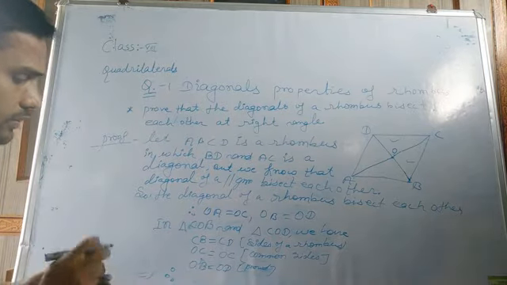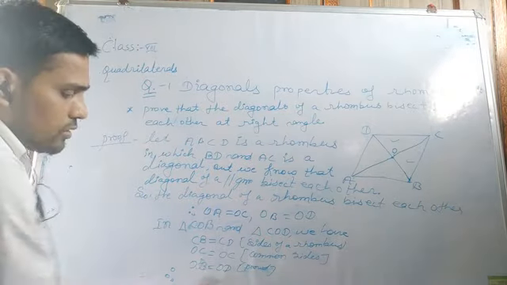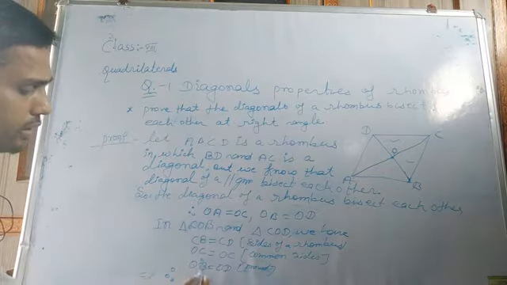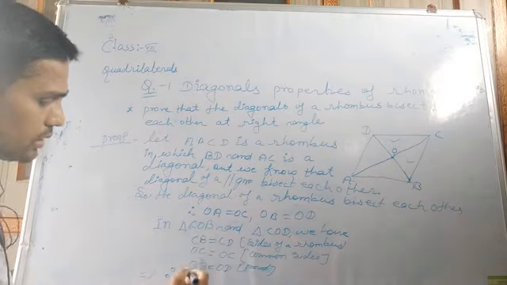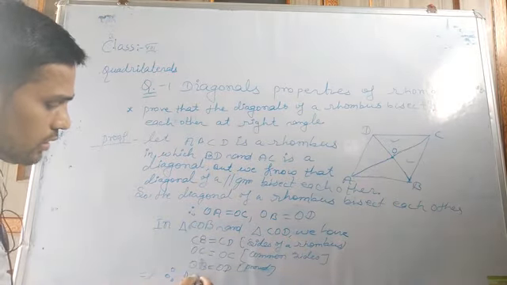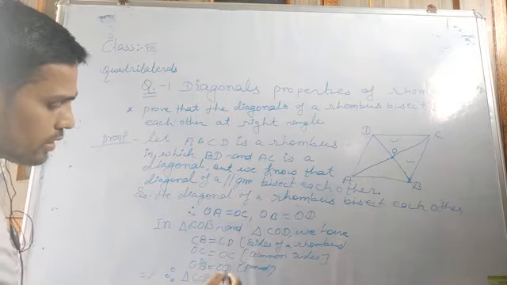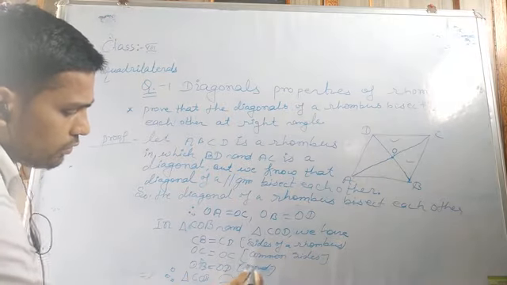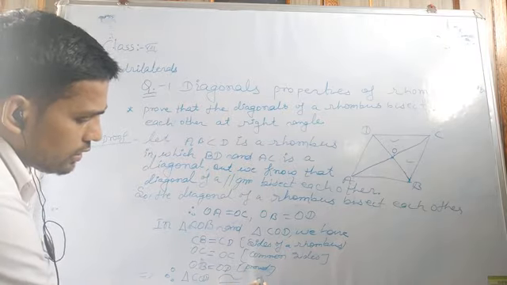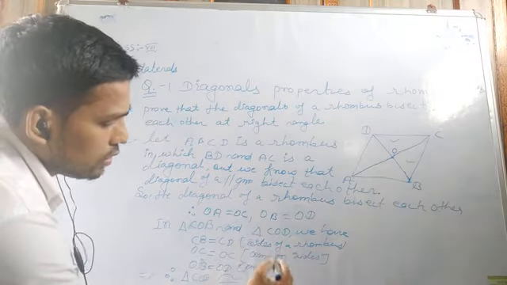Therefore, we can write, hence triangle COB is congruent to triangle COD.